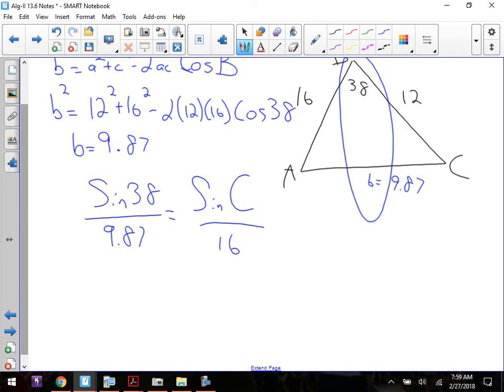That's the easy scenario; we just move the 16 over. So I get 16 sine 38 divided by 9.87, and I get 86.41.